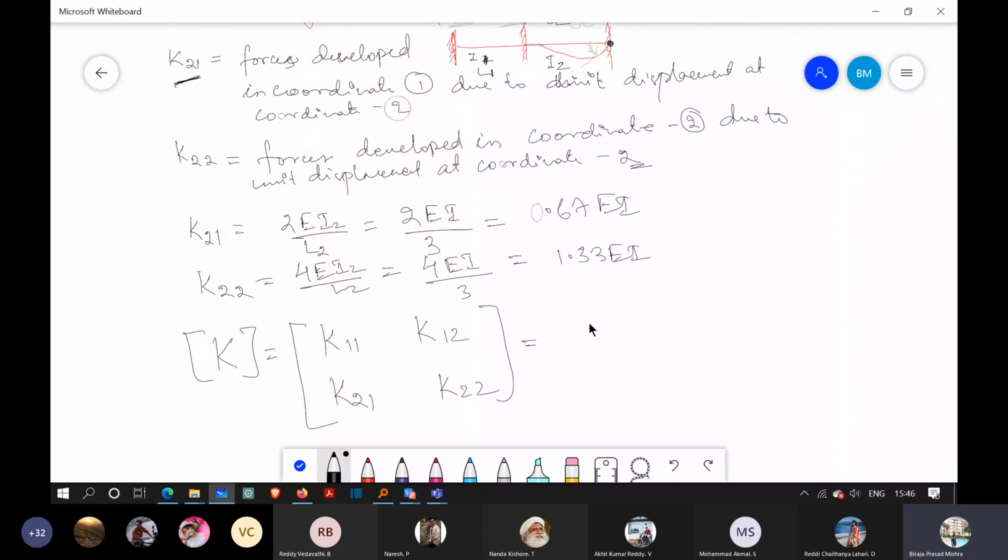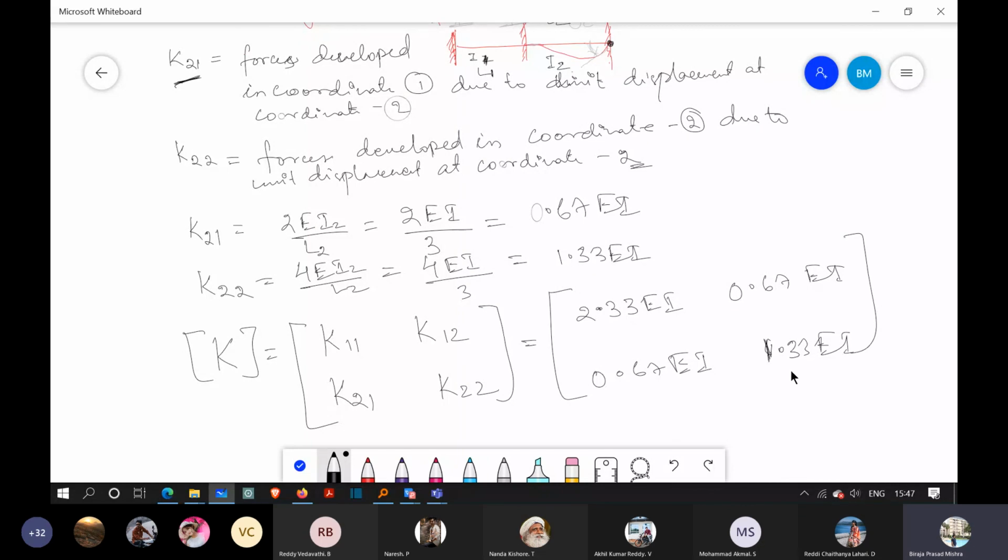K11 is 2.33 EI. This is 0.67 EI. This is 0.67 EI. And this one is 1.33 EI.